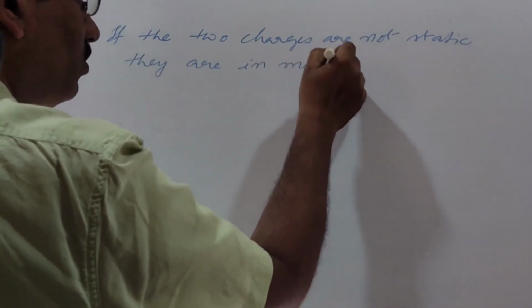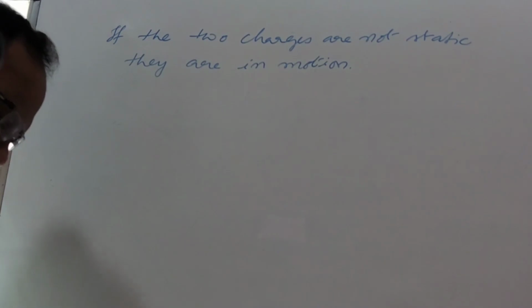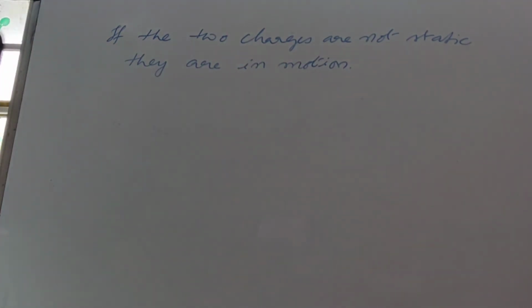We have already seen that a charge in motion, whether uniform or non-uniform, produces not only the electric field but also a magnetic field. When the charge is at rest, it produces only the electric field.